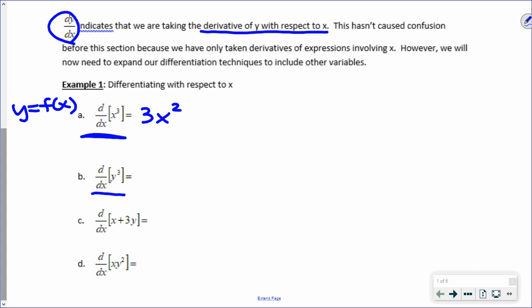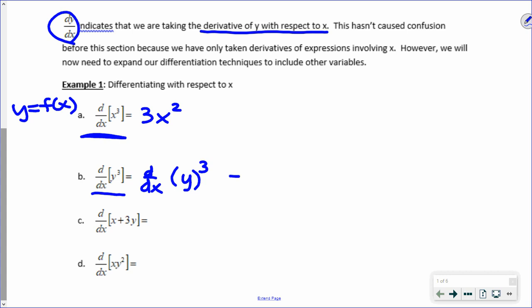So here's what we would do. I'm just going to rewrite this, think of it as the derivative of y to the third power, okay? Because I just want you to see the chain rule here. So if y is its own function, okay, y would be the inside function.